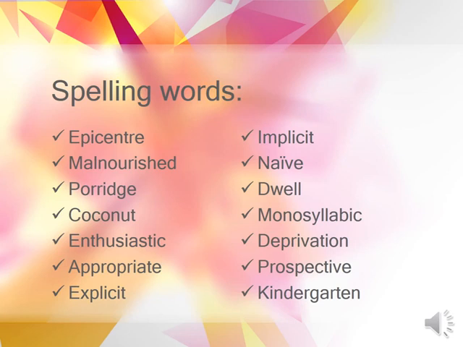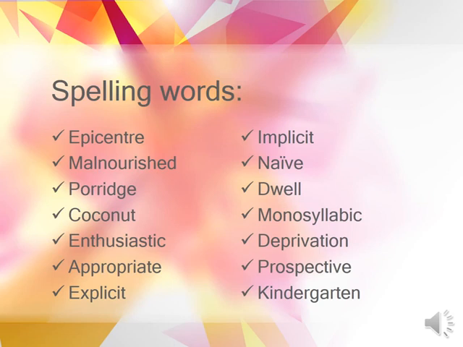We all know the large oval with the brown seeds. We all eat it. After that, we have enthusiastic. Enthusiastic is having or showing intense, eager, or enjoyment, to be excited. Then we have appropriate. Appropriate means suitable.